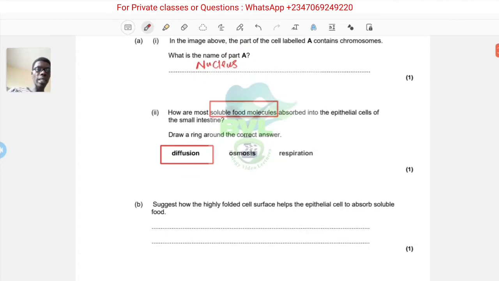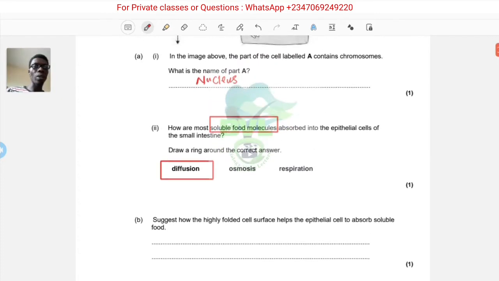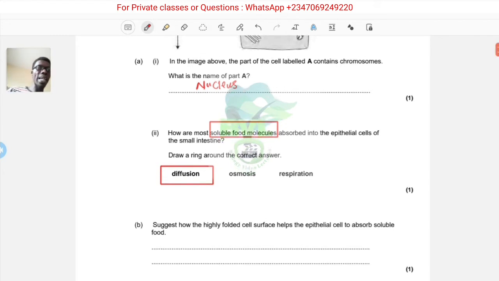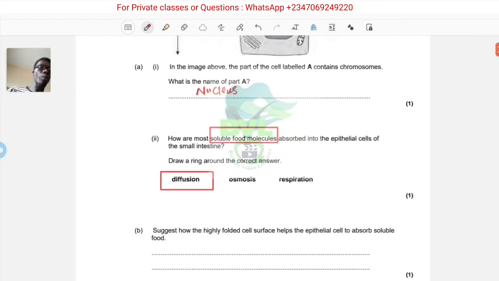All right, moving on. It says suggest how the highly folded cell surface helps the epithelial cells to absorb molecules of food.